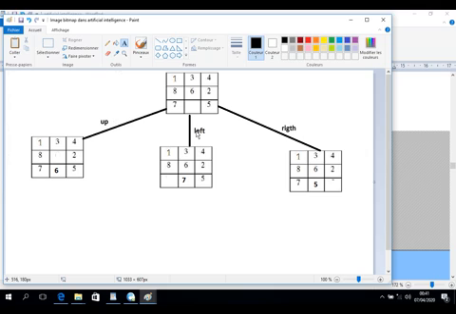Okay, so from initial state, when we apply the operators, you see these are the new states that we obtain.